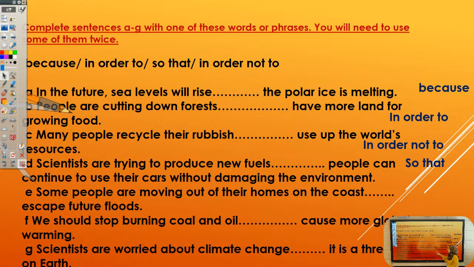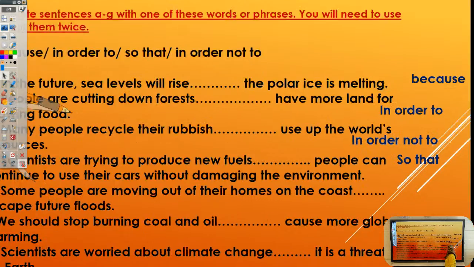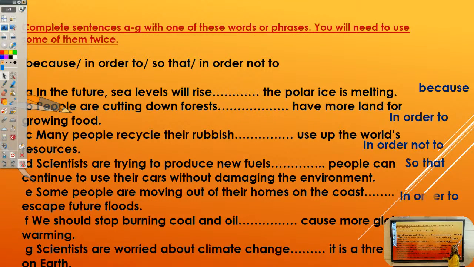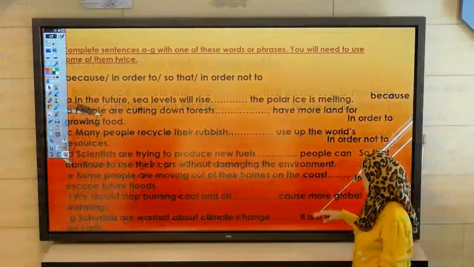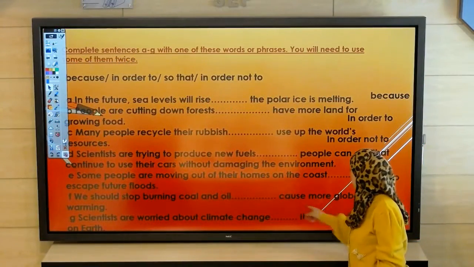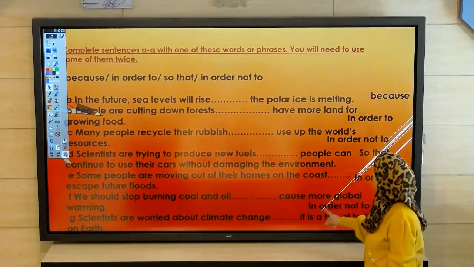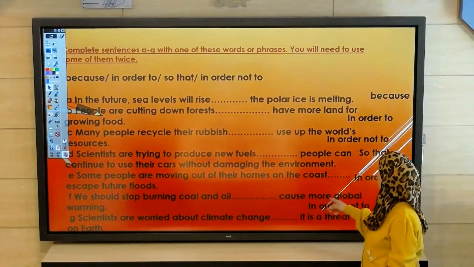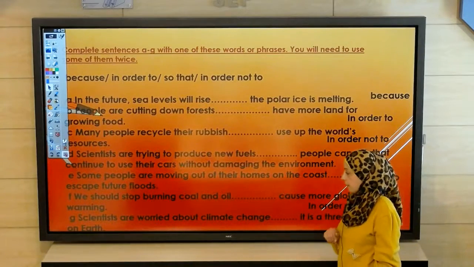Some people are moving out of their homes on the coast. Escape. Notice here, escape, we have infinitive. So, in order to escape future floods. We should stop burning coal and oil, cause, infinitive, so in order not to cause more global warming.